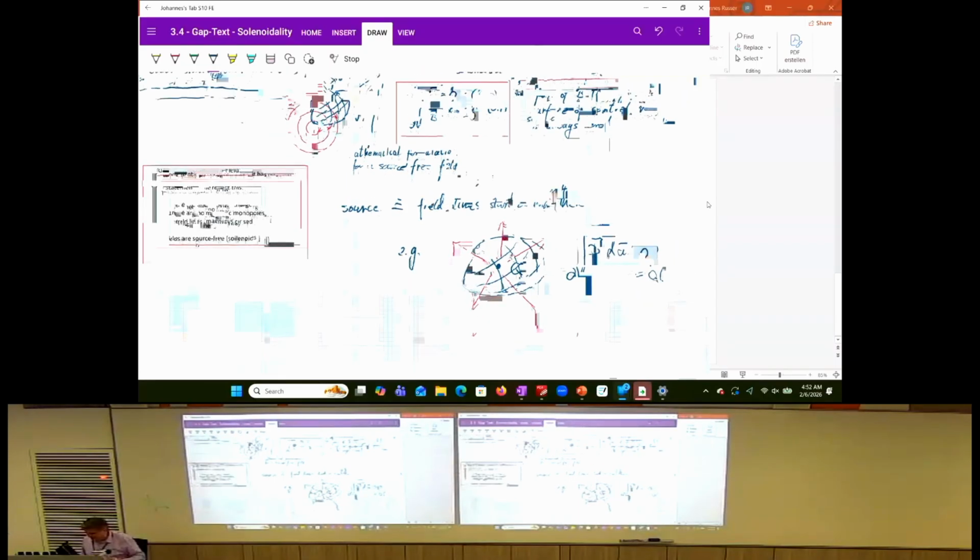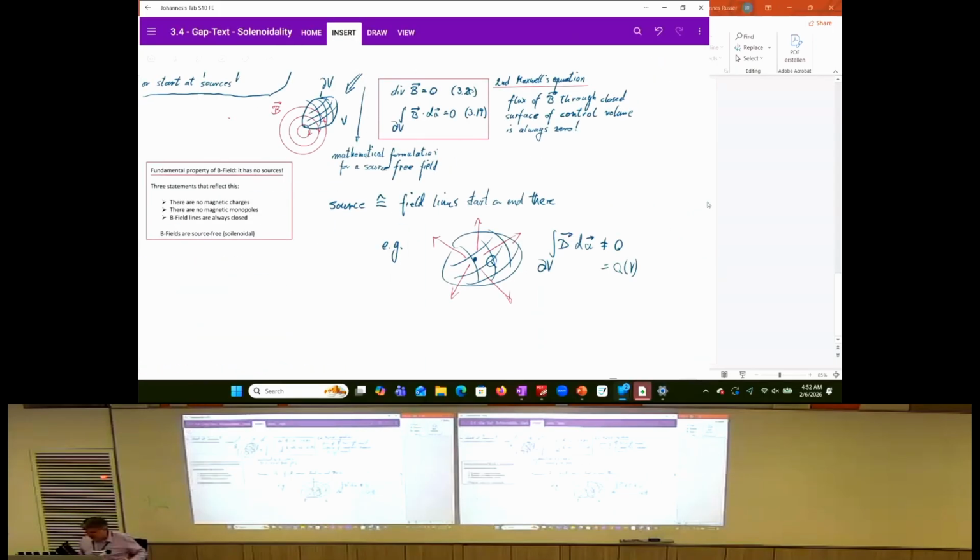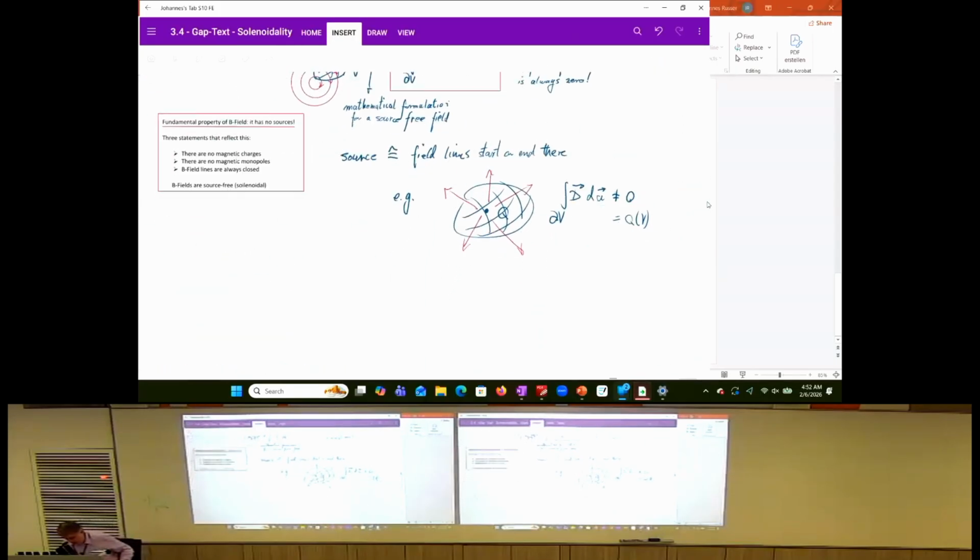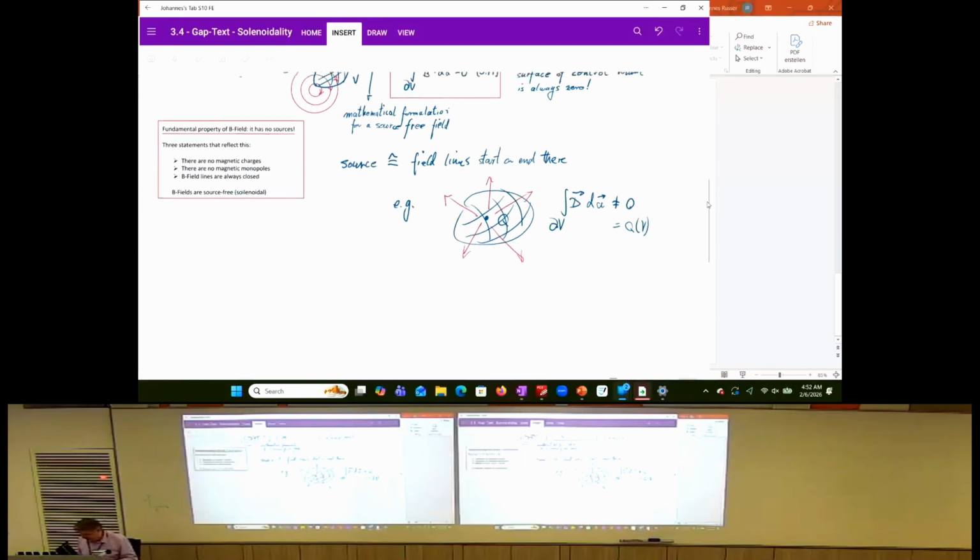As a consequence, you have seen that we used Gauss's law to derive the E field in electrostatics, but this doesn't work now, because if we use the divergence or the surface integral over the magnetic flux, then we cannot use it.